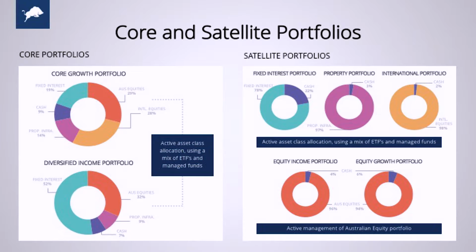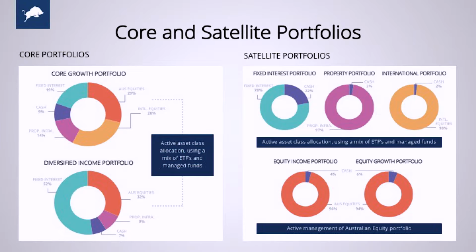But a lot of our investors choose to get the core growth portfolio or the diversified income portfolio and then pair it up with one of these higher performing, but of course higher risk, direct equity portfolios. In these two portfolios, we're holding about 20 to 25 stocks, handpicked by our Intelligent Investor equity team. And of course, holding 20 stocks is going to be much more volatile than holding 200. So it's more volatile, but we do anticipate higher returns over time from those portfolios.